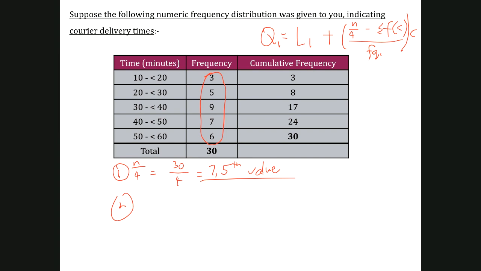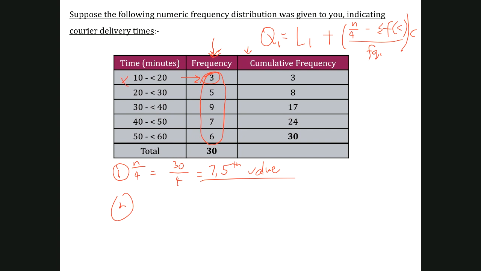So you look at your frequency column for this. You can also look at your cumulative frequency, as I mentioned in the previous session, if you have the column. So basically, your frequency column is saying to you, so far in the first interval, there are 3 values. You need the 7.5th value, so it's definitely not the first one.